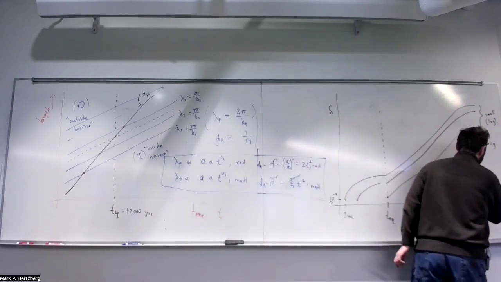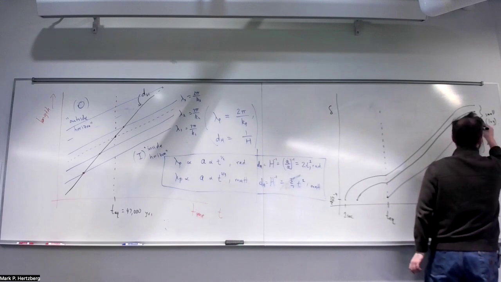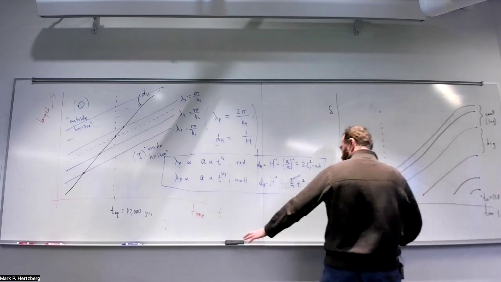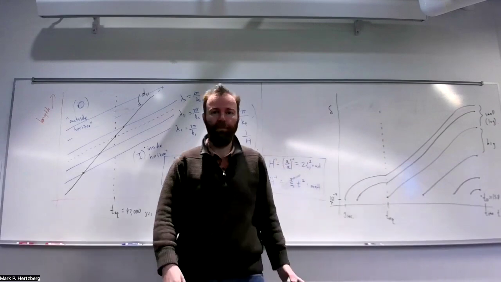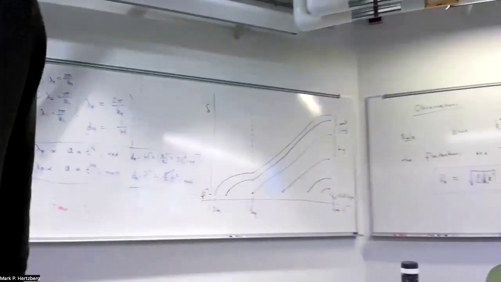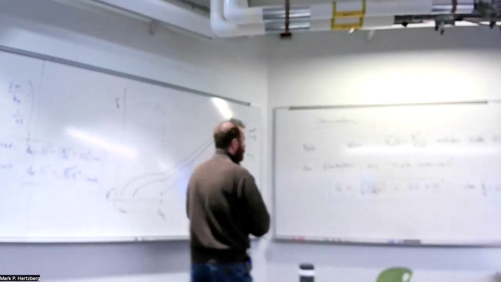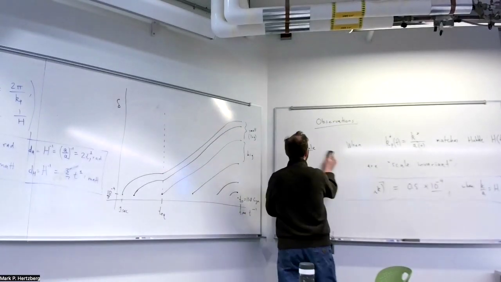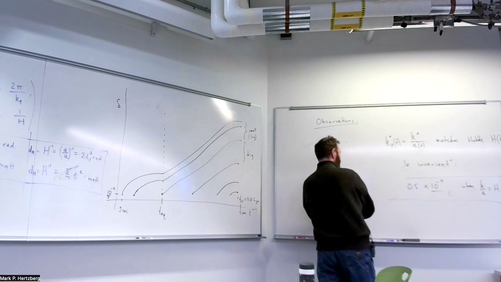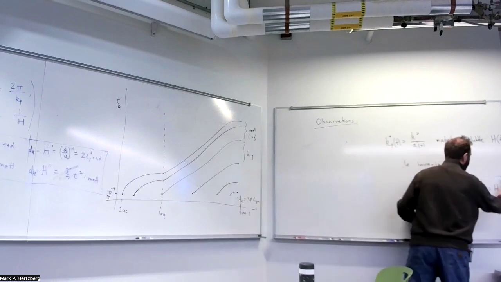We want to know what is the amplitude today. This is today. Okay, so this scale invariance gets transformed by growth into something a little bit complicated.